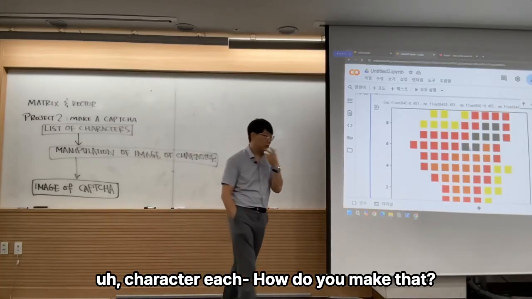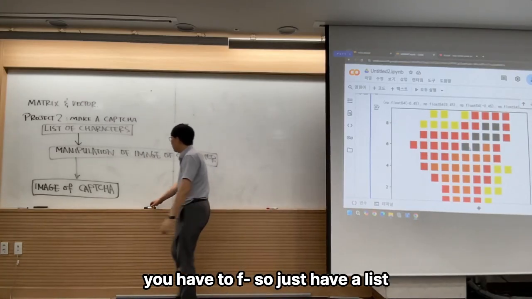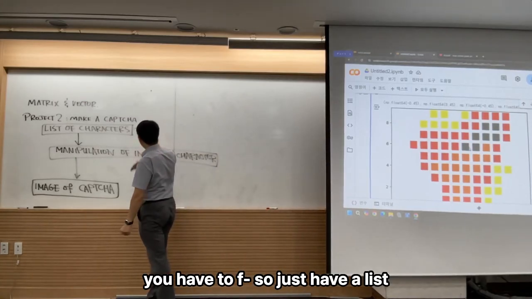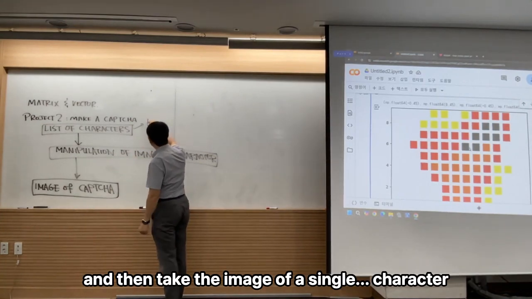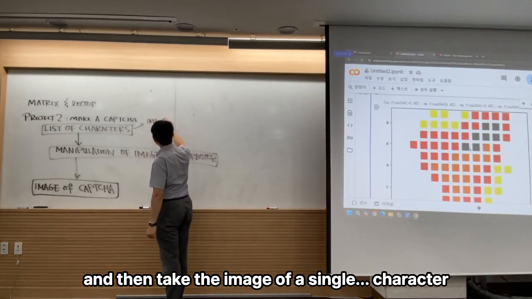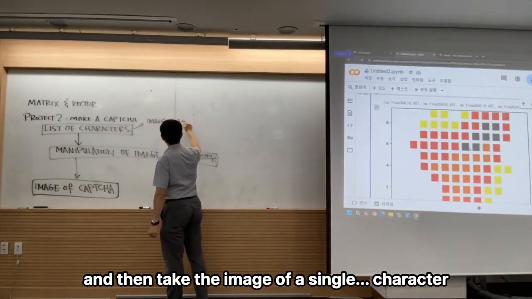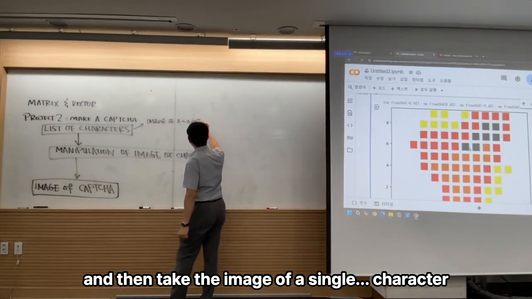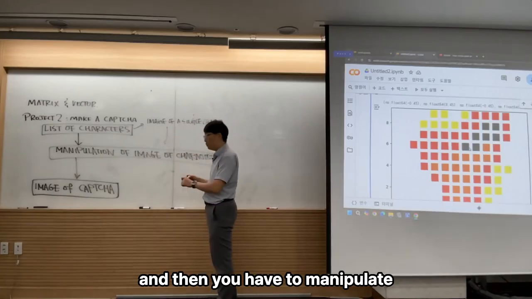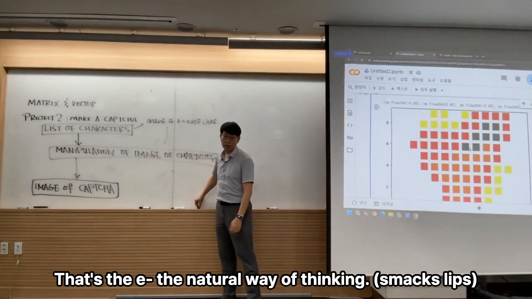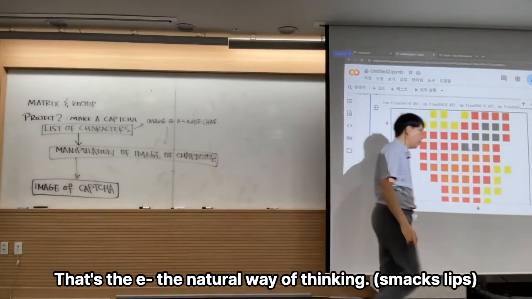How do you make that? So just have a list and you take each character of the list and then take the image of a single character, and then you have to manipulate somehow, right? That's the natural way of thinking.